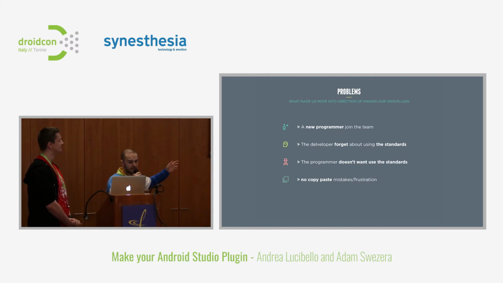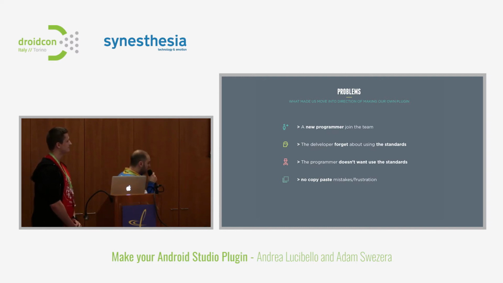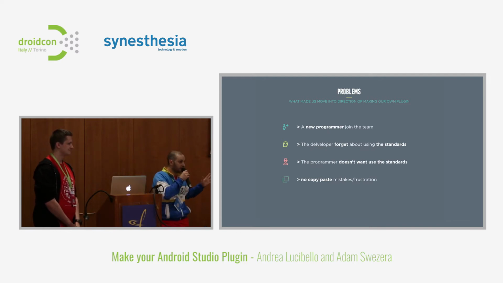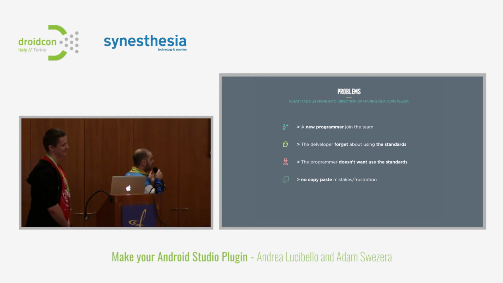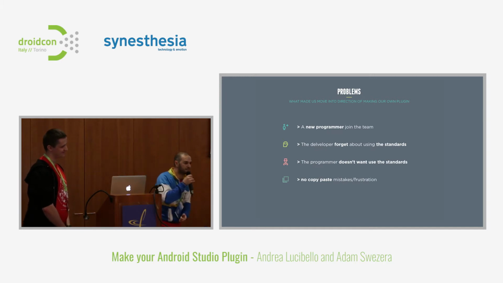The second problem is when a developer inside the team, for some reason that I don't know and I don't want to discuss today, forgets the standard. Maybe it happens, trust me. And this is another problem to overcome.